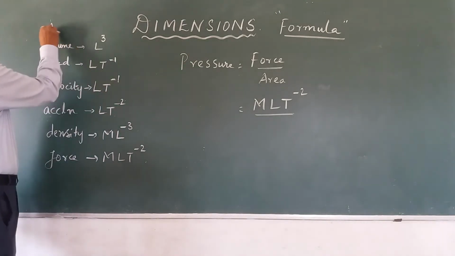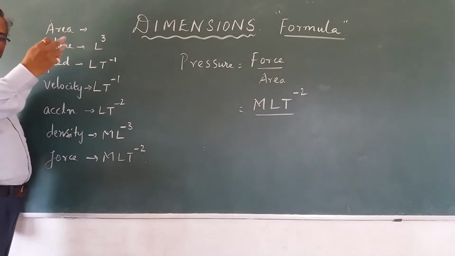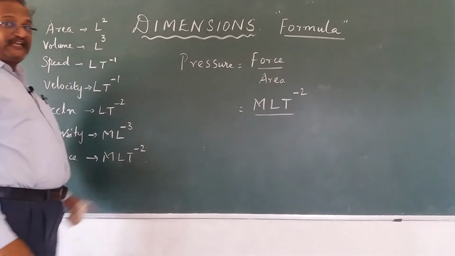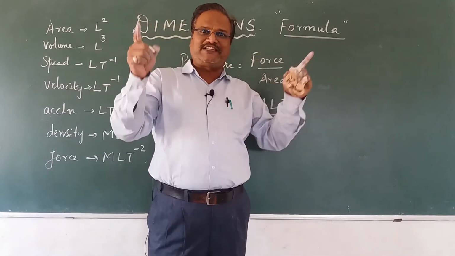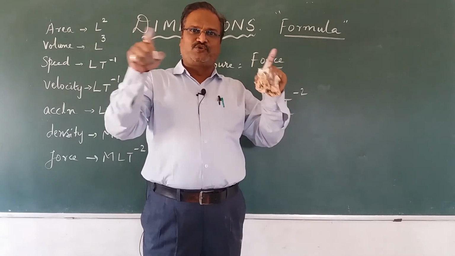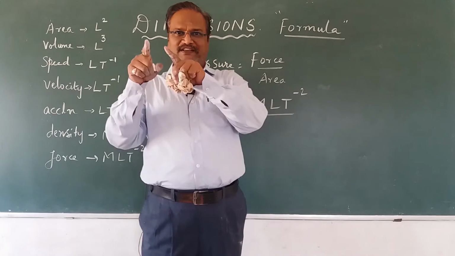Now area. Area is length into breadth, or side squared for the square. So L into L, L power 2. So this is how you basically learn.